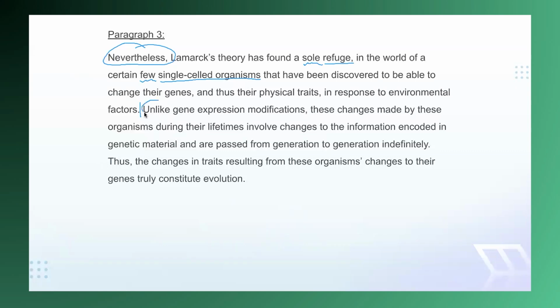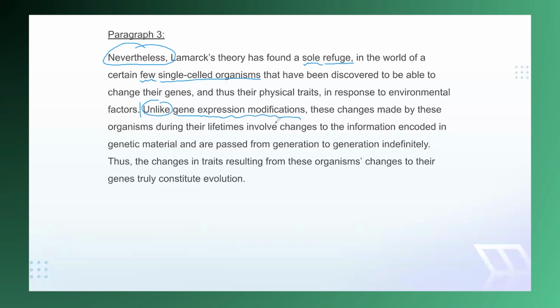Okay, reading on. Unlike gene expression modifications, okay, pausing, we have another contrast here, but we're not contrasting with the previous sentence. We're contrasting with gene expression modifications, which again is the last paragraph. All right, so again, remember gene expression modifications was something that did not support Lamarck's theory.